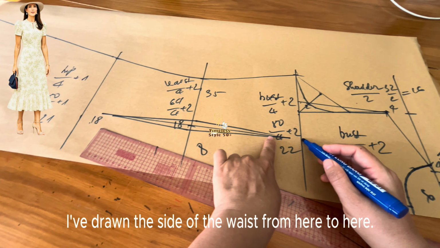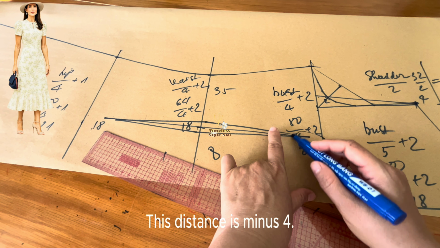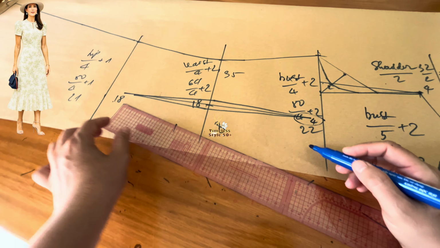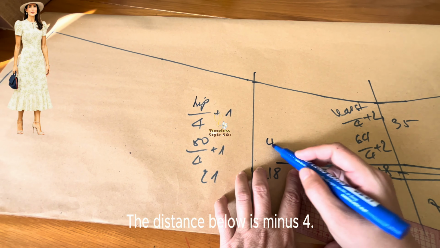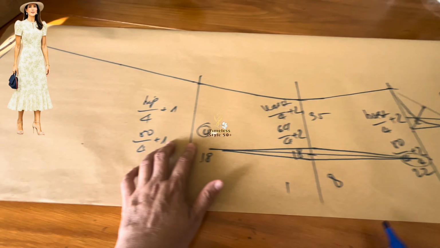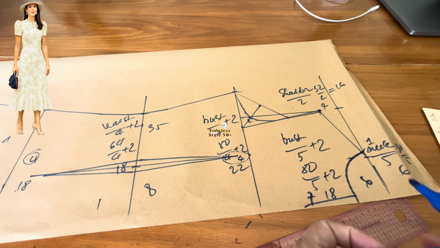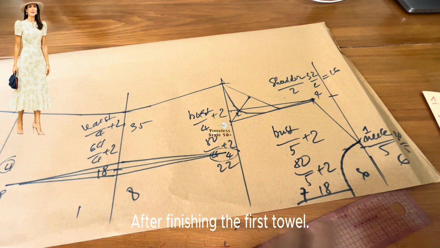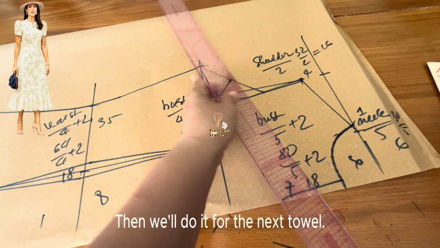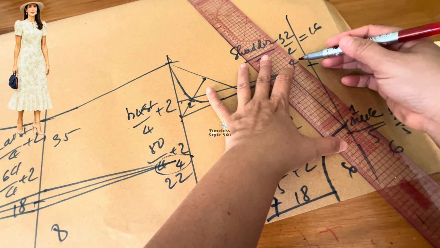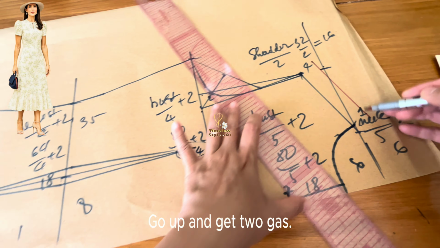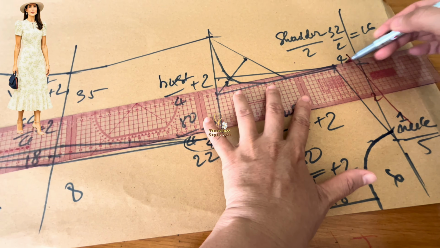I've drawn the side of the waist from here to here. This distance is -4. The distance below is -4. And then we get the front body first. After finishing the first piece, then we'll do it for the next piece. Go up and take.